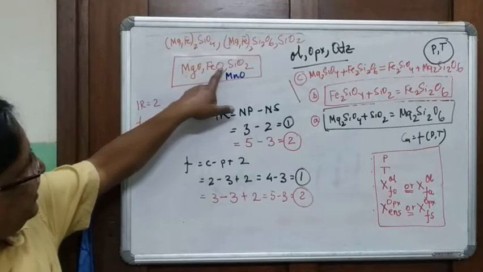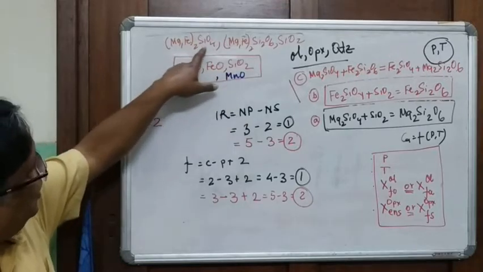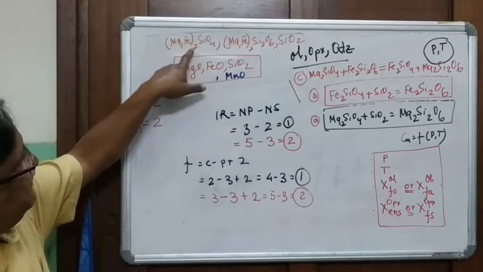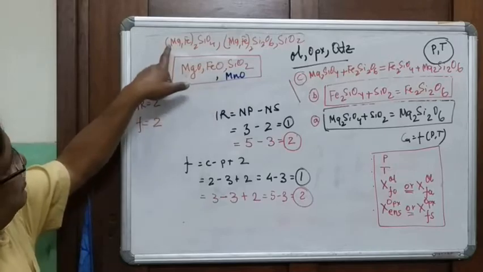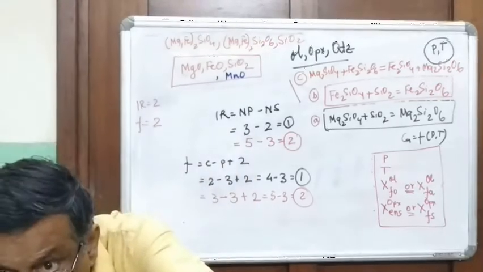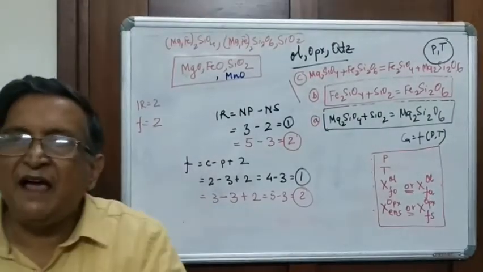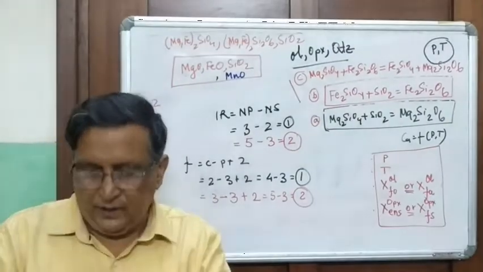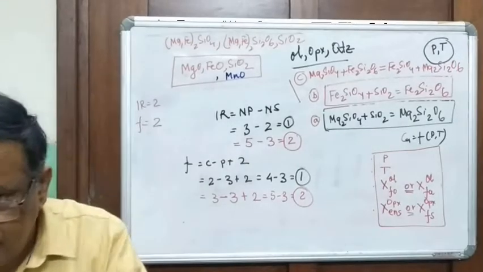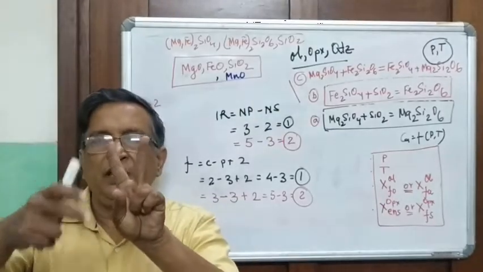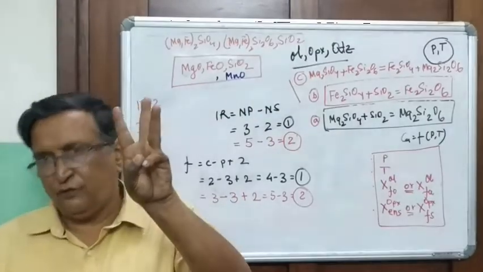That means MgO-FeO-MnO. So olivine will not be (Mg,Fe)2SiO4, but it will have (Mg,Fe,Mn)2SiO4. So it will have three components: Mg2SiO4, Fe2SiO4, Mn2SiO4.